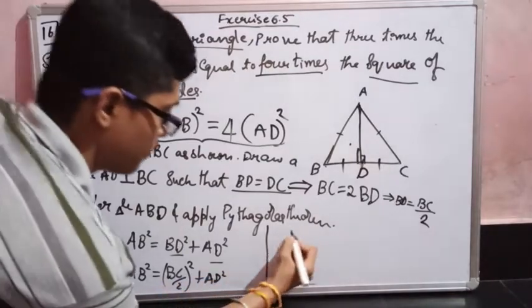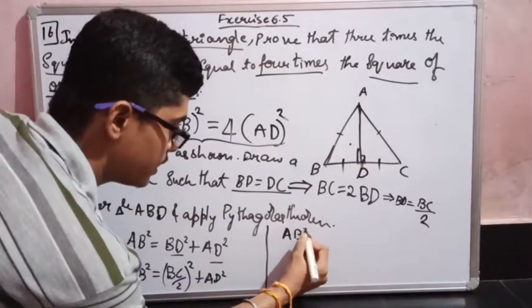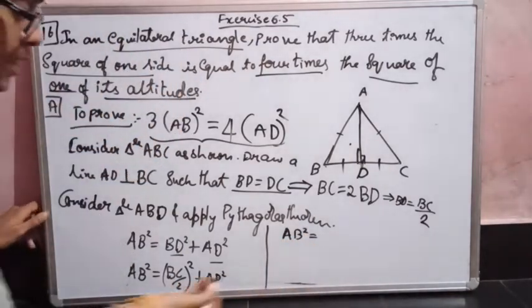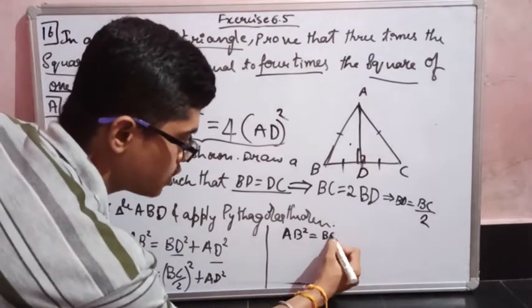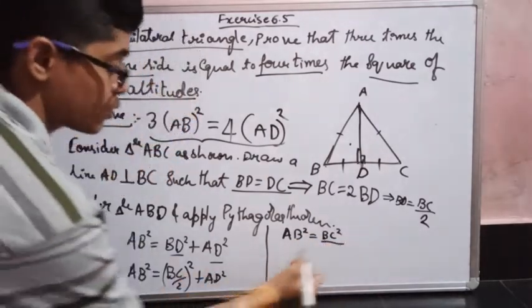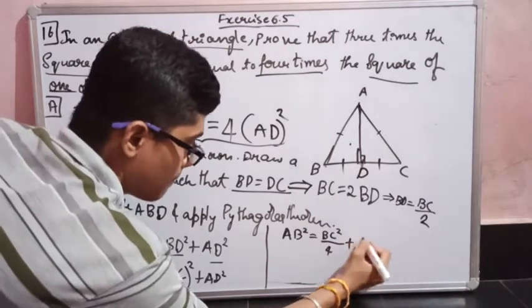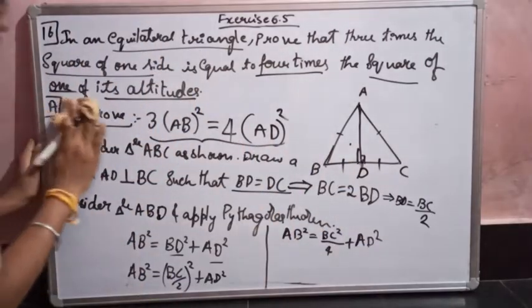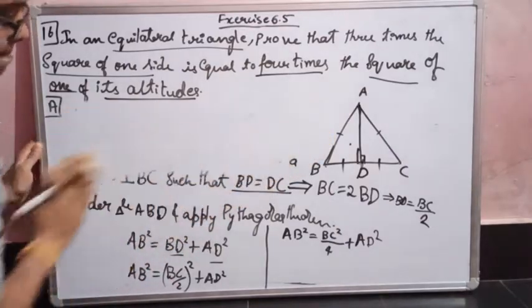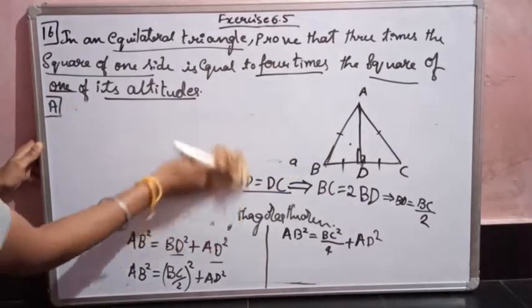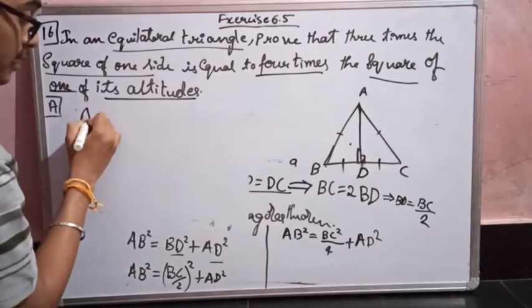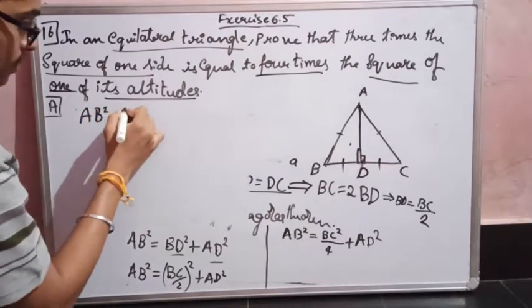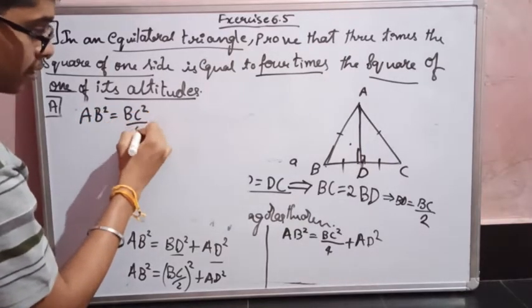AB square is equal to BC square by 2 square, which is 4, plus AD square. You can pause and copy. I will be continuing here. AB square is equal to BC square by 4 plus AD square.